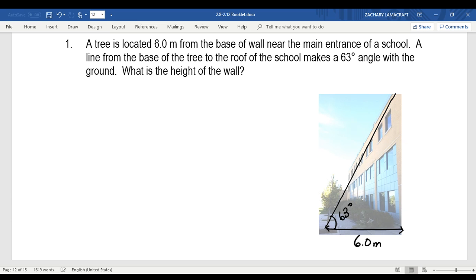So make sure you draw this, either below or right on your example there.